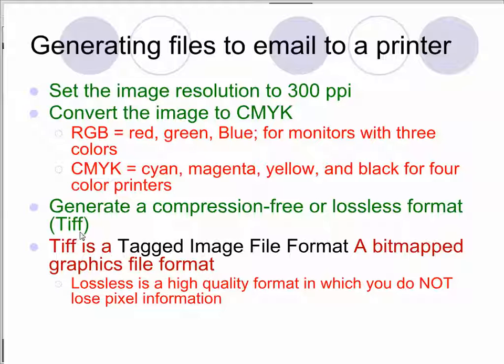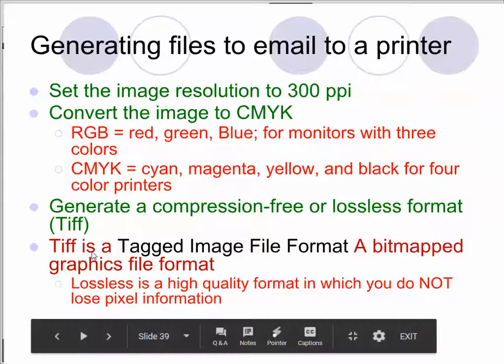So this is a format that everybody can use. Everybody can open a TIFF. You don't have to have a special program for it. It's lossless, so you don't lose any quality by saving it as a TIFF, but the image is really, really big. So normally you don't use a TIFF, but if you want to save all the good information of your document and send it to somebody, you can save it as a TIFF.